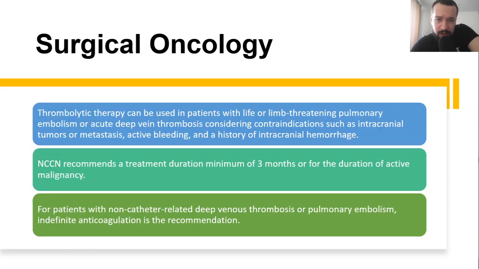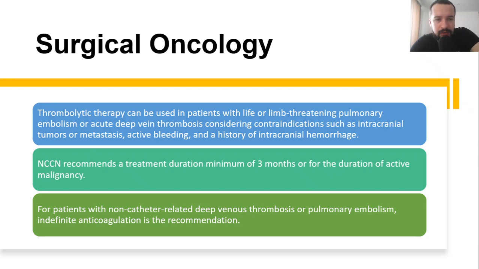Thrombolytic therapy can be used in patients with life- or limb-threatening pulmonary embolism or acute deep vein thrombosis, considering contraindications such as intracranial tumors or metastasis, active bleeding, and a history of intracranial hemorrhage.